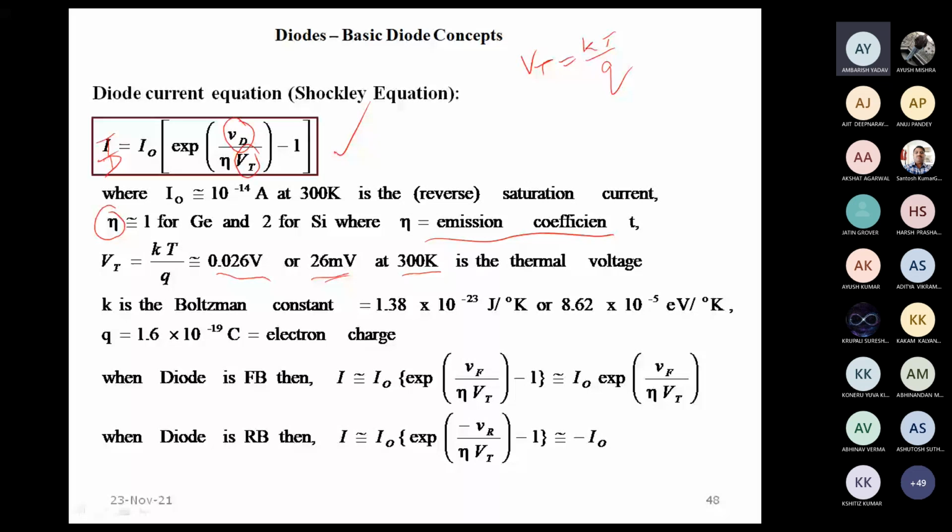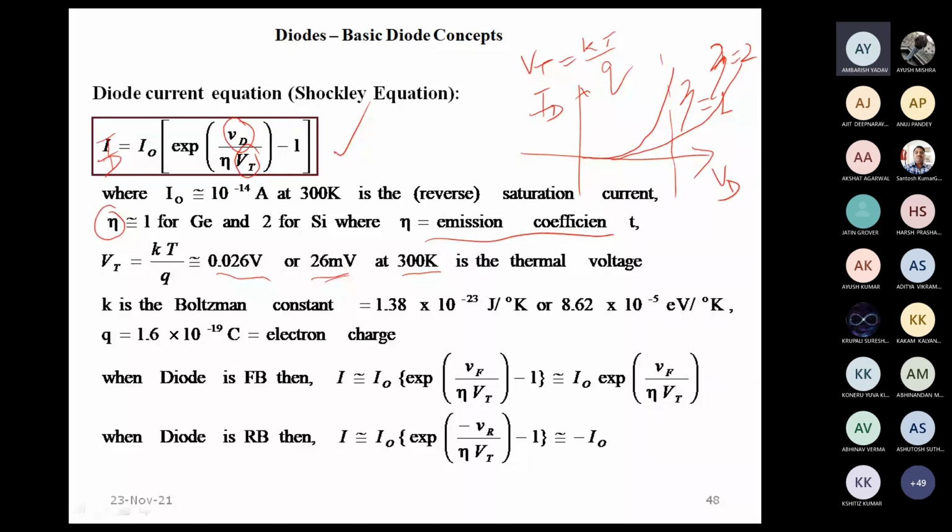If we try to visualize the effect, say if eta is equal to 1, then eta equal to 2 will be even slower, like this. Here the horizontal axis is V_D and the vertical axis is I_D.